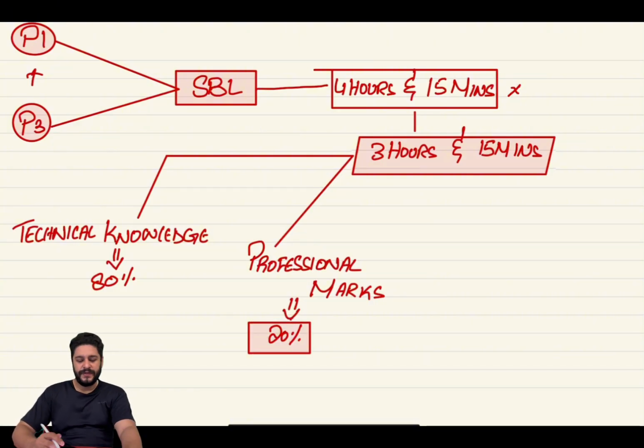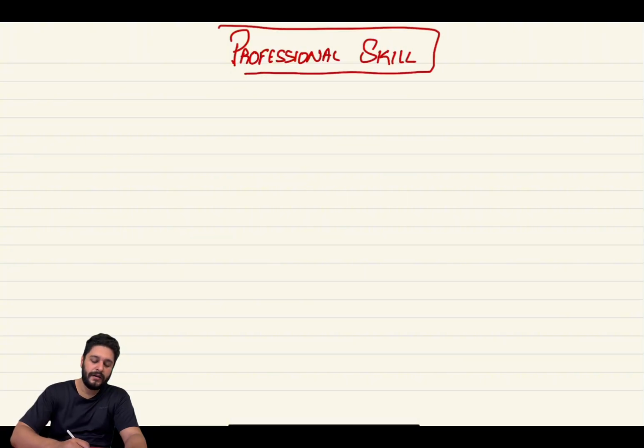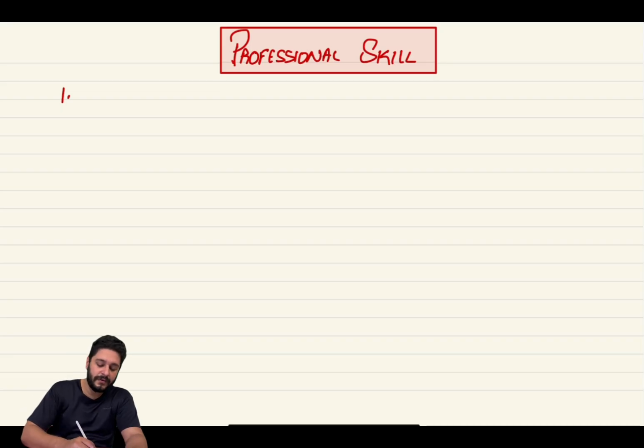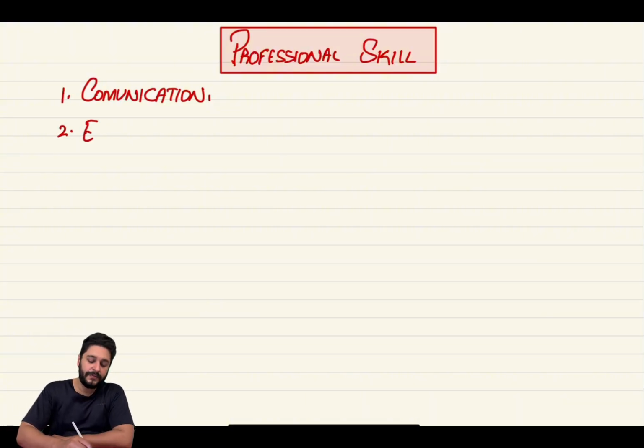So basically, in the professional marks, in the professional skills, there are 5 different skills. Number one, we have communication skill. Number two, we have evaluation.